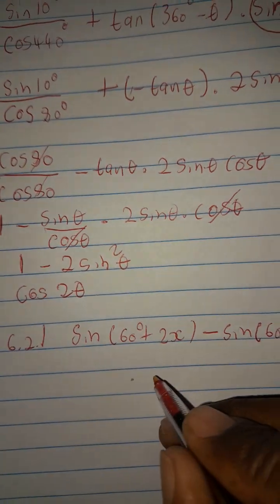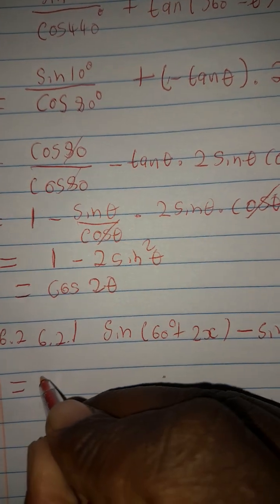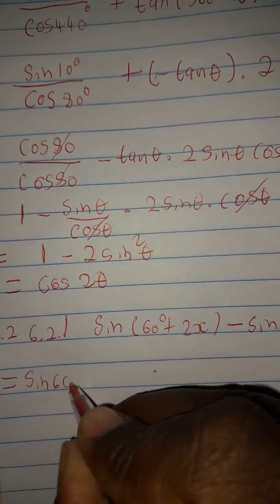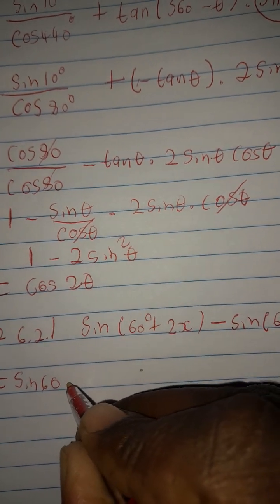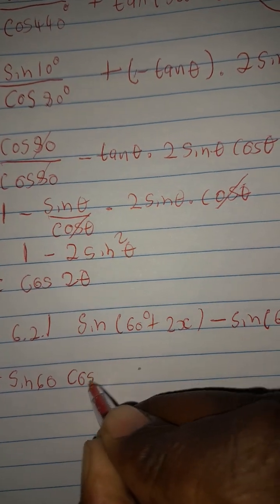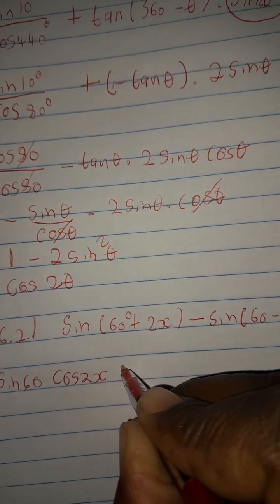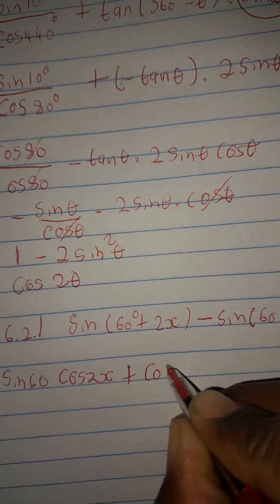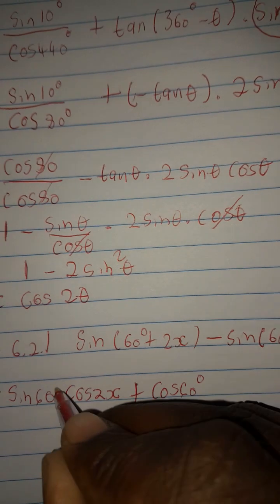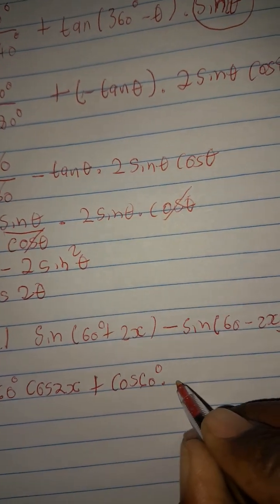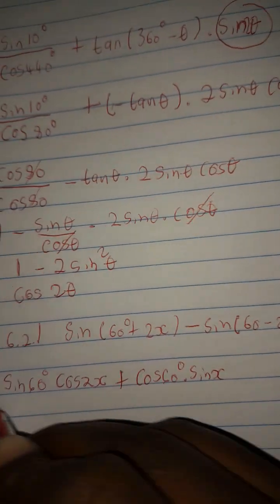It's very important, if you don't have knowledge of it, to go and review. So we're going to have sine 60 cos 2x. Remember, the sign doesn't change. Plus cos 60 degrees times sine 2x. We are done with the first part.